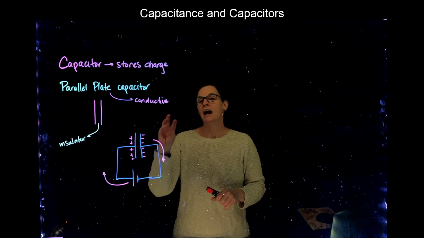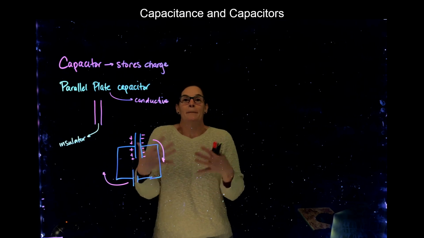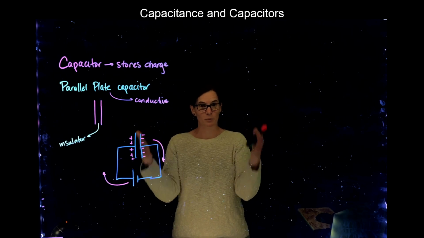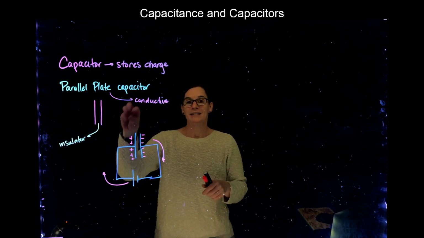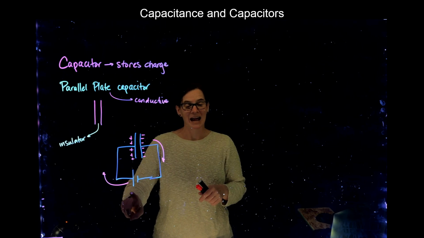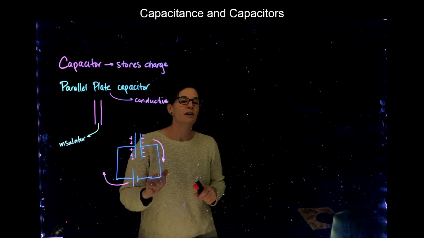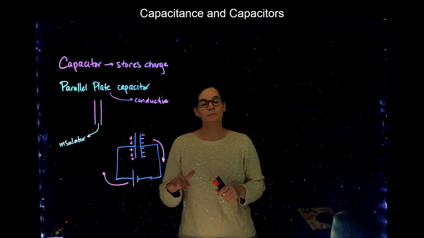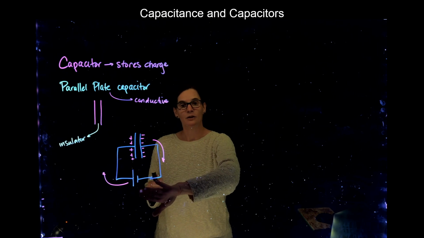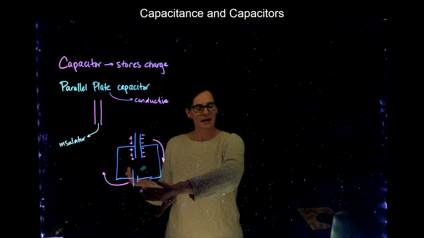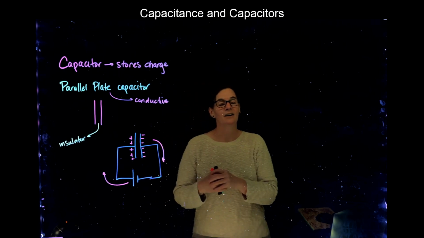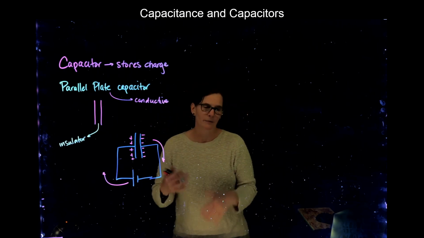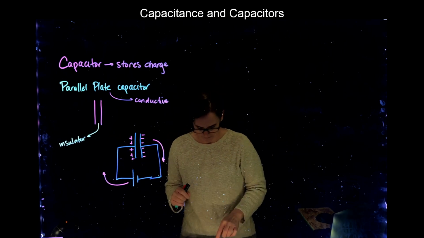But for now, just recognize that a capacitor has this ability to store charge when a potential difference is put across it. The side at higher potential becomes the high side of the capacitor plate because charge is moving towards that plate. The low potential side of the battery becomes the low potential side of the capacitor because charge is moving away from that plate. All right, when we think about positive charge moving.